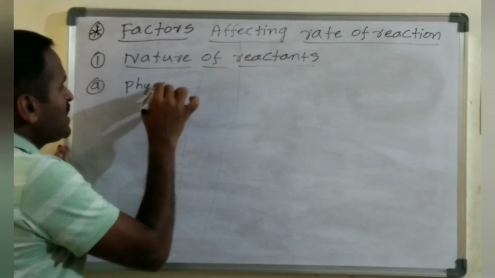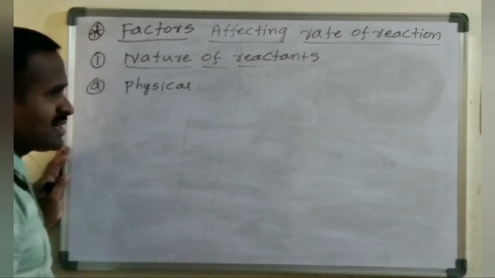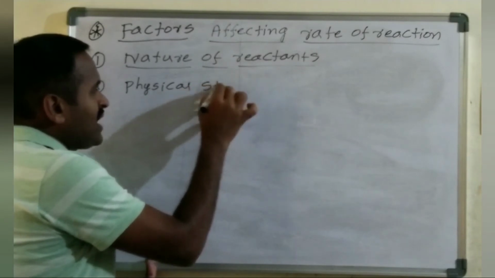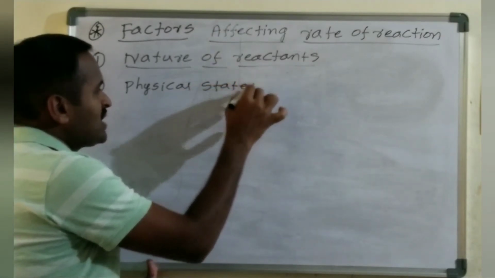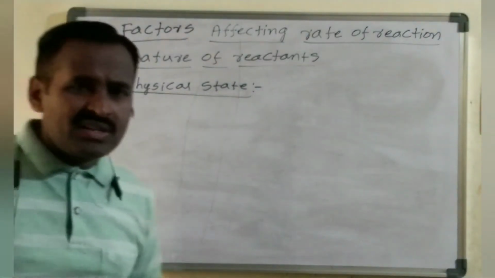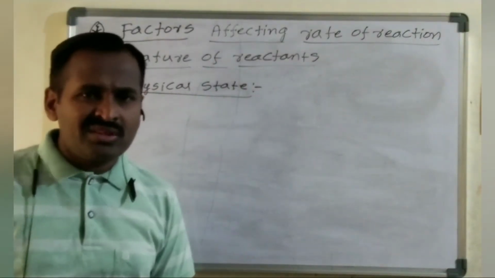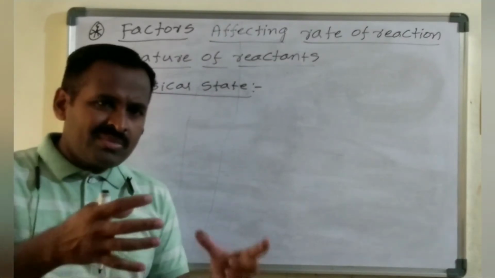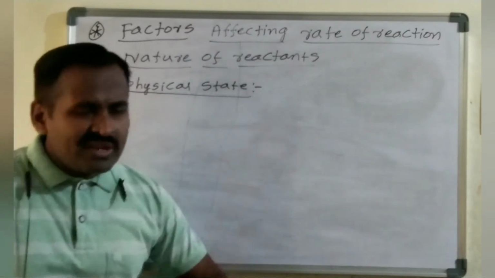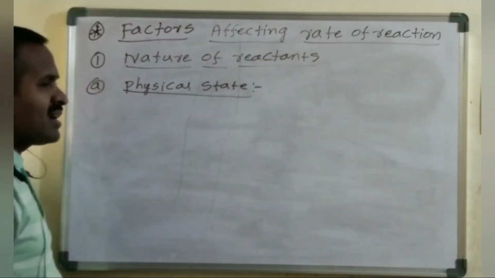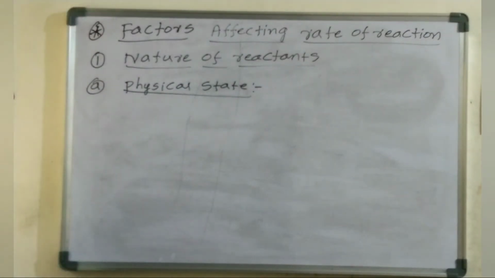For the physical state, we know that there are three states of matter: solid state, liquid state, and gaseous state. In the solid state all the particles are tightly held with a strong force of attraction, and in liquids to a considerable extent, whereas in the gaseous state the particles move almost independently, and the force of attraction between them is negligible.